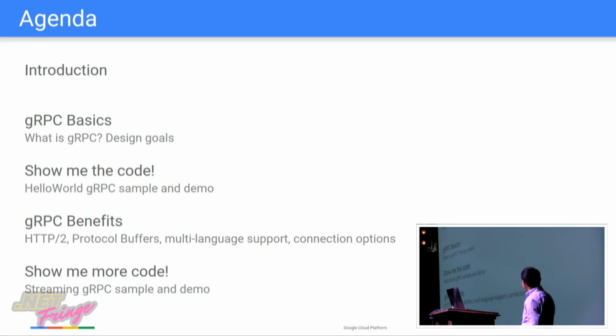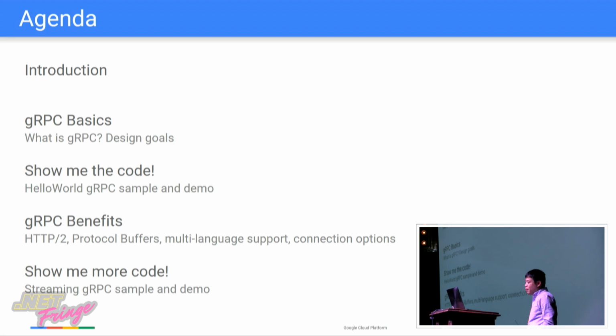So for the agenda, I'm going to quickly go through the concepts of RPC. Firstly, I'll talk about the basics of gRPC. With that, I'll do a quick demo to show how simple it is to implement gRPC services and clients. Then gRPC benefits, which will hopefully answer your question about what makes gRPC a competitive choice.